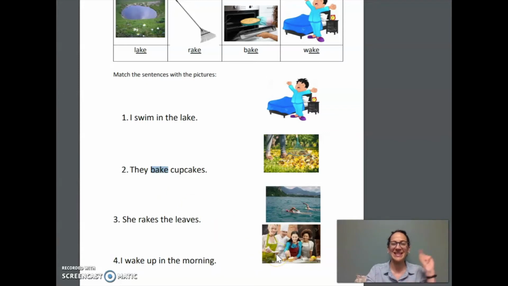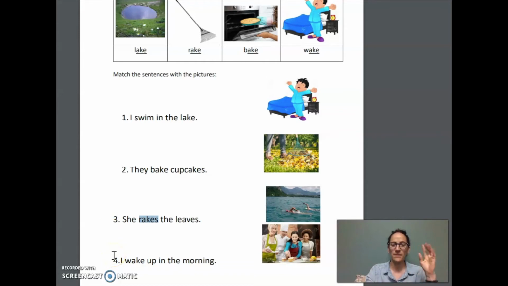Here it is. Let's read it together. They bake cupcakes. Number 3, she rakes the leaves. Find the ache word. Yes, rakes. Look at the picture. Here it is. Let's read it together. She rakes the leaves.